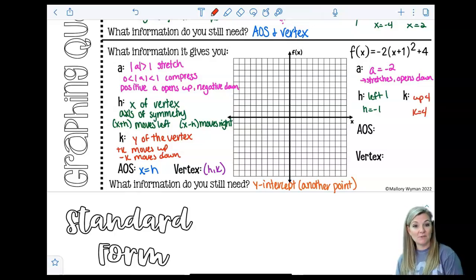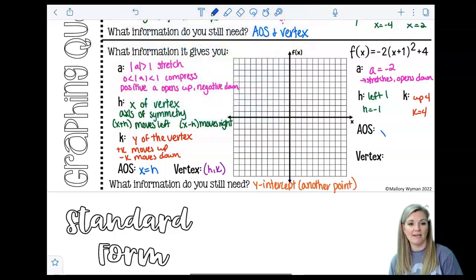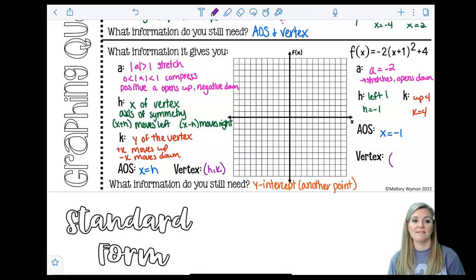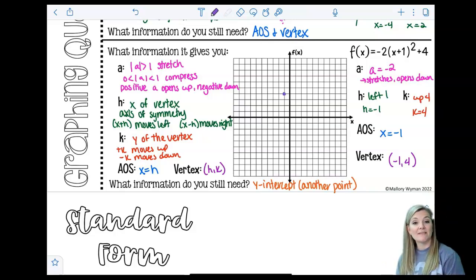My axis of symmetry is my h, so my axis of symmetry is x equals negative 1. And my vertex, putting my h and my k together, is negative 1, 4. So when I graph that, I go left 1, up 4. And as I showed you last class, that's all that vertex form gives me, and it's not enough to graph it.